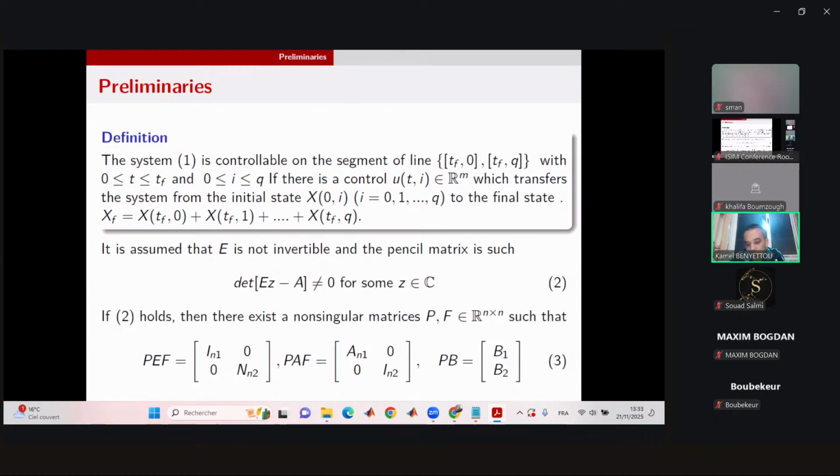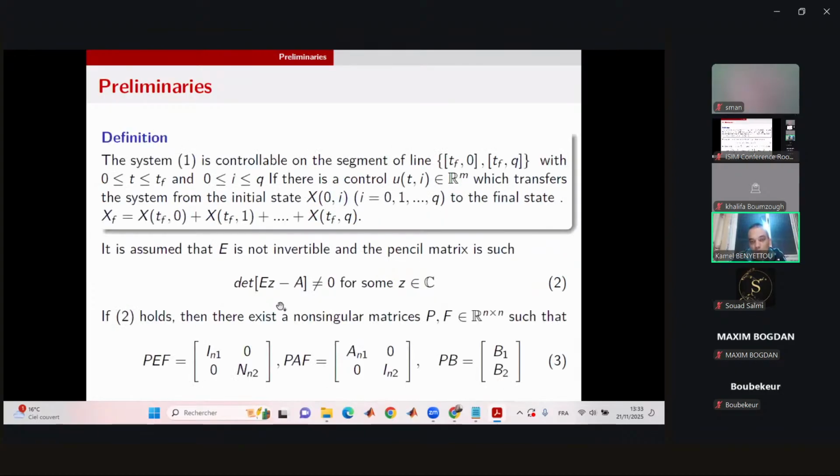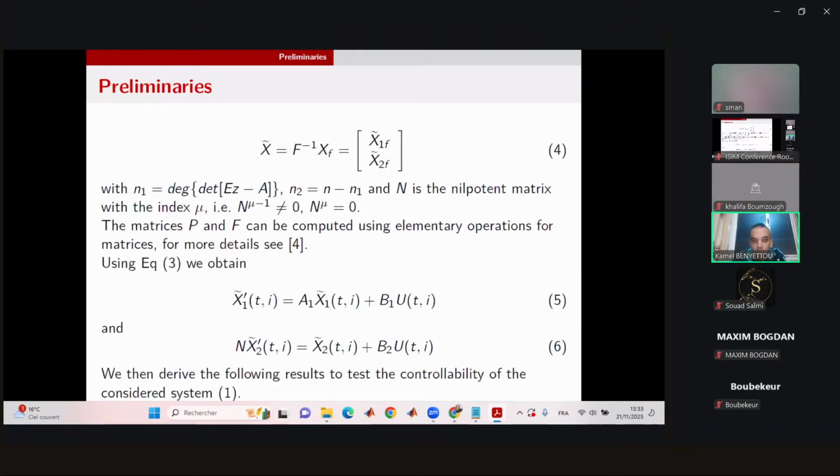Its idea is to decompose this singular system, because it is complicated, into new equivalent subsystems. The first is denoted by subsystem 5, and the second by subsystem 6.